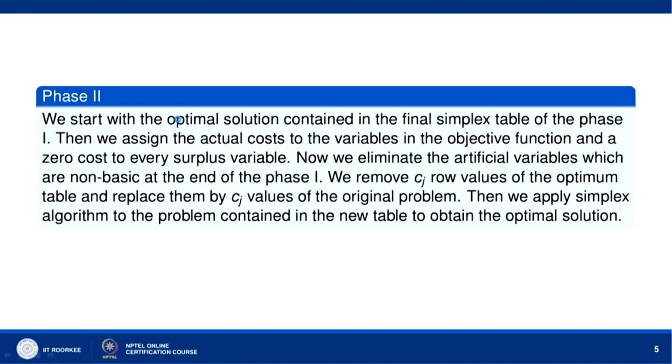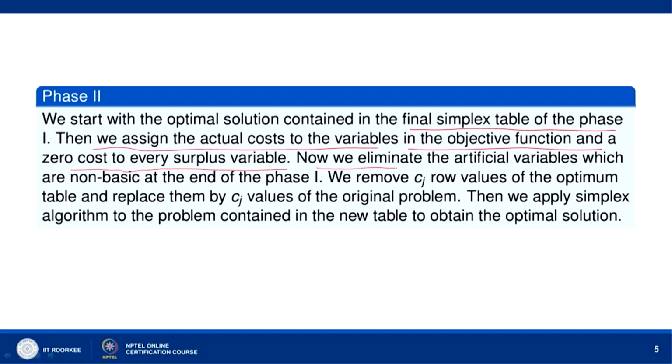In phase 2, we start with the optimal solution contained in the final simplex table of phase 1. The solution we got there, we will start with that. Then we assign the actual cost to the variables in the objective function and a 0 cost to every surplus variable.